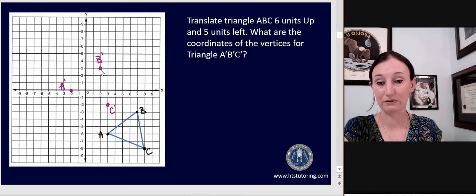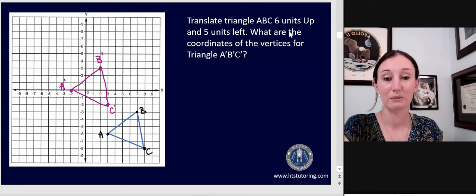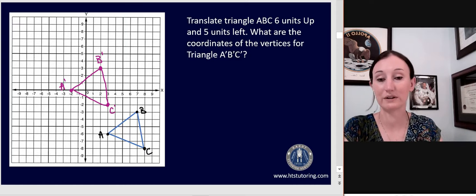And then we draw our new image. Now I'm freehanding this, so it's not going to be exactly straight, but I'm going to do my best. There we go. A prime, B prime, C prime. It wants to know what are the coordinates of the vertices for triangle A prime, B prime, and C prime. Let's write that down.